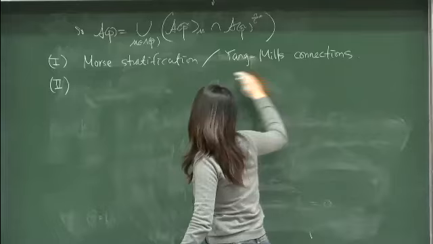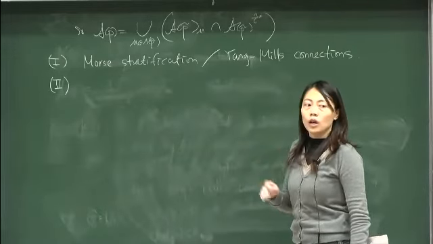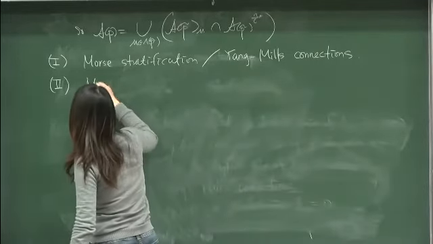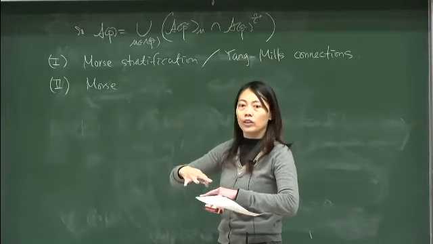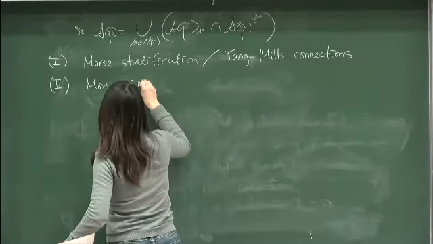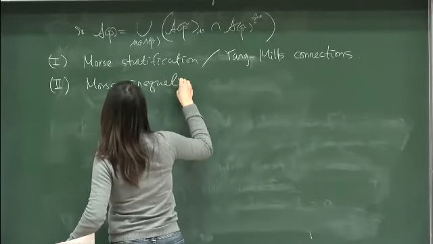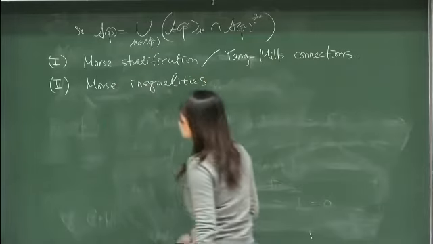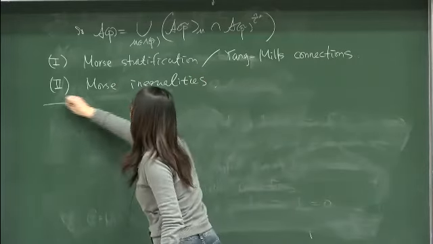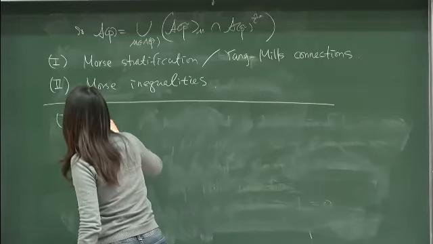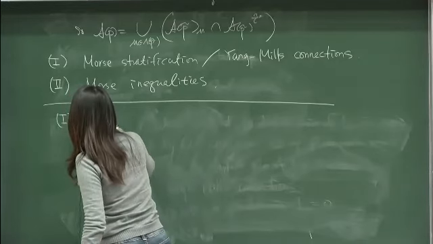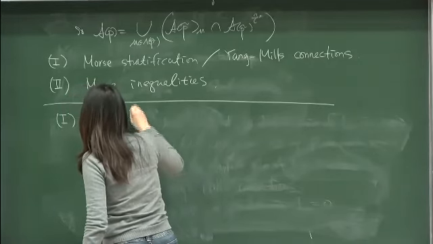And then after this is clear, we can do the Morse inequality, which means that you can try to see how the strata fit together. Okay. So first, I'll just say Yang-Mills connection.